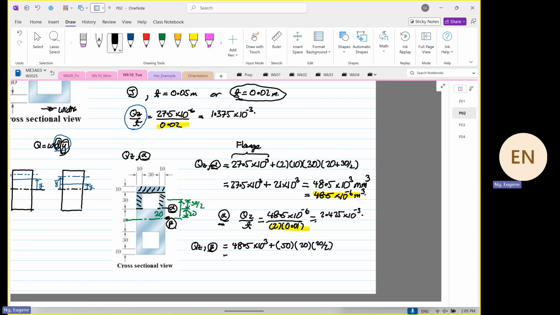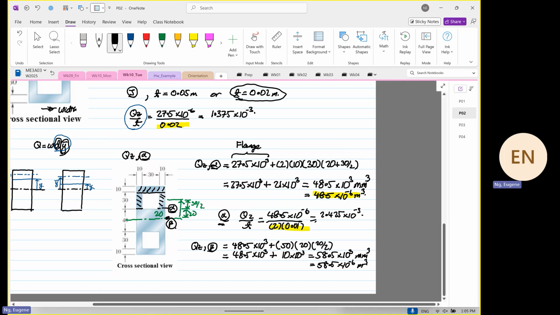So this is 48.5 plus 20 times 20 divided by 2 times 50, which is equal to 10 times 10 to the power 3. This is equal to 58.5 times 10 to the power 3 millimeter cube, which is equal to 58.5 times 10 to the power minus 6 meter cube.